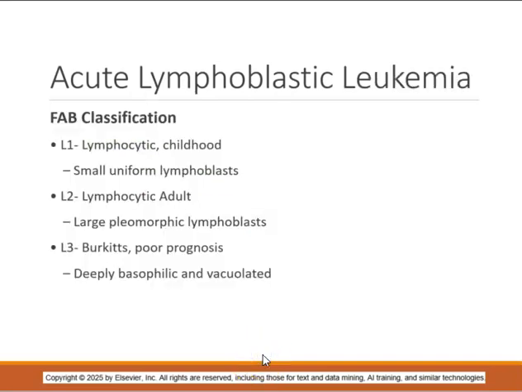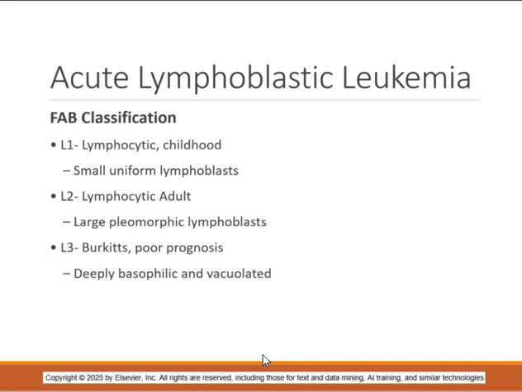So when we look at FAB classification, because this is what we'll be doing in the lab, because all we have is morphology at this particular time, the FAB classification is called L1, L2, L3. L1 is usually seen in children. It's the small type of lymphoblast that we were looking at. And L2 is usually adult. That's a larger lymphoblast, and pleomorphic, meaning the morphology is really weird.